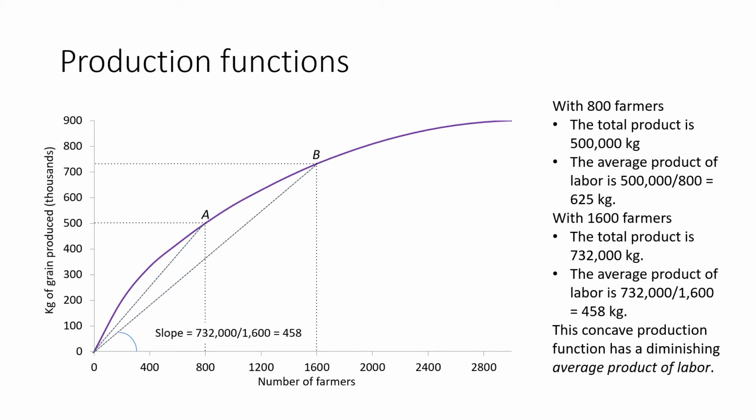This implies that we have a concave production function, or that the production function in this case has a diminishing average product of labor. This is one of our assumptions that we discussed in an earlier slide, and it's important to keep in mind as we move forward.